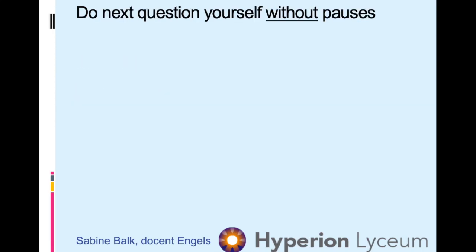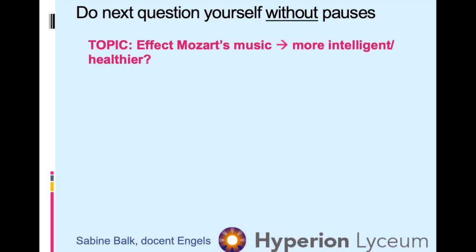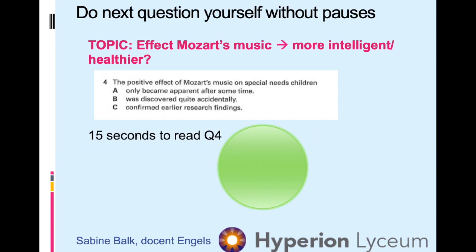The next question is all yours, so do it yourself without pauses. And don't forget the main topic. The effect of Mozart's music is that it makes you more intelligent or healthier. Keep that in mind. I will give you 15 seconds to read question 4 now, so go ahead.